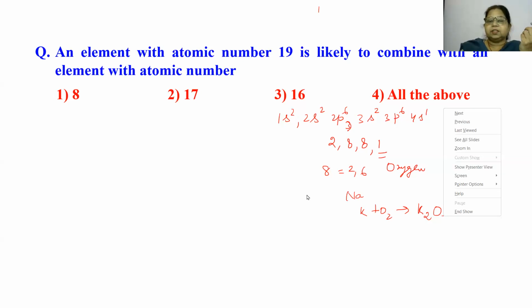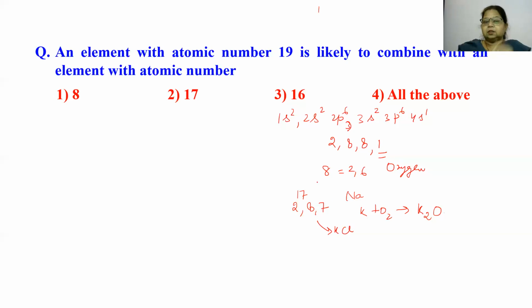Talking about 17. 17 we know is the atomic number of chlorine, which is 2, 8, 7. So what will happen? It will easily form KCl, right? So that was 8, and we must remember 8 and 16 both belong to the same group. Oxygen is 8, sulfur is 16.